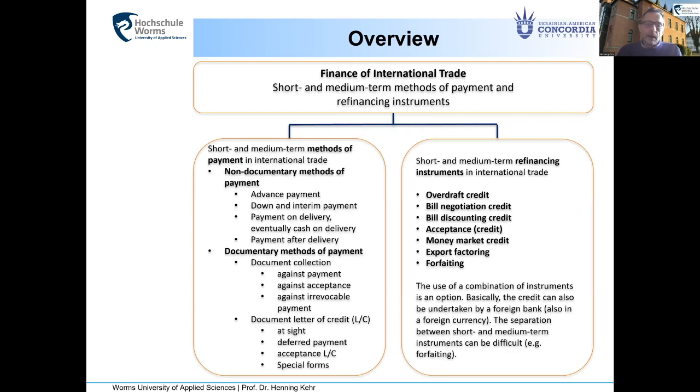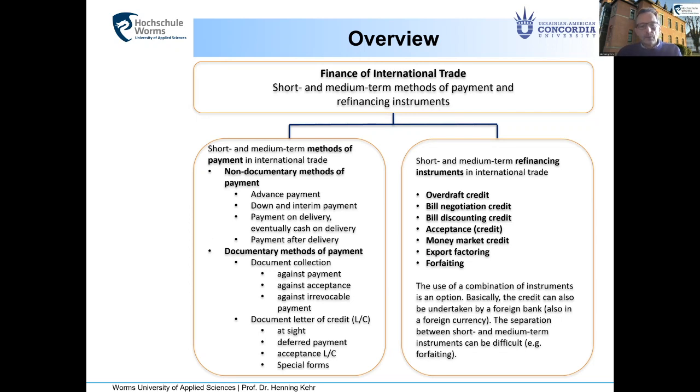And on the left hand, there you see some typical things where banking is helpful for some credits or loans or financing.